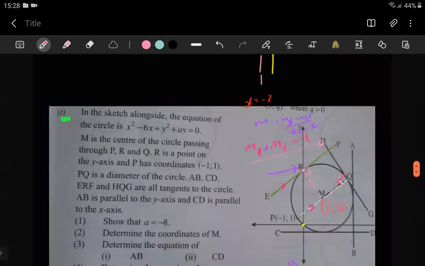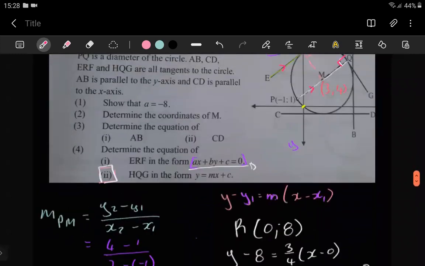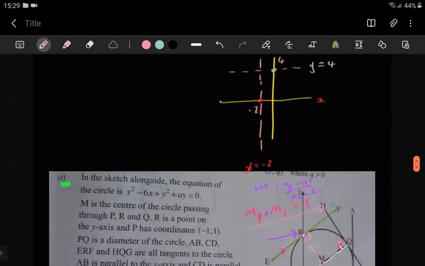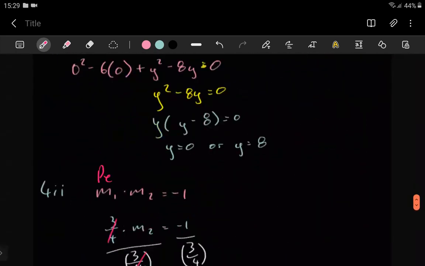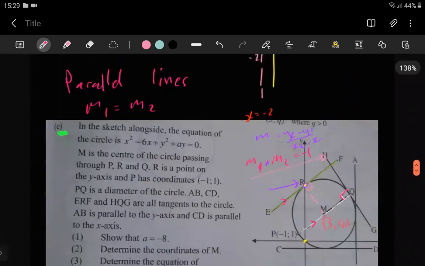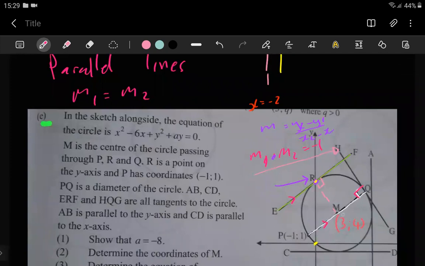With parallel lines, we know the gradient of one line is equal to the gradient of the second line. And then for perpendicular lines, we have this formula here. In the previous question, we just had to worry about getting this gradient directly, because whatever it was here, we automatically knew it was the gradient over there.